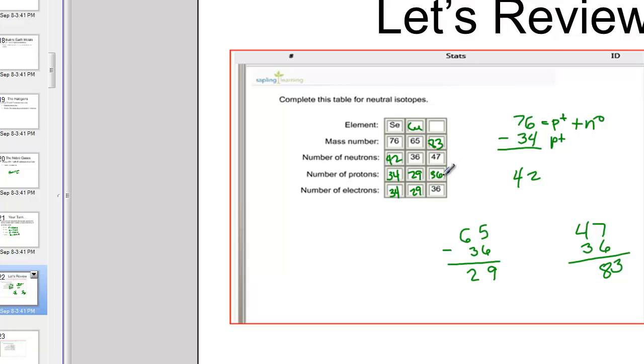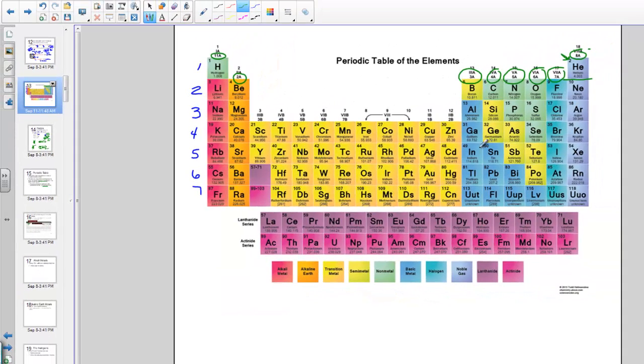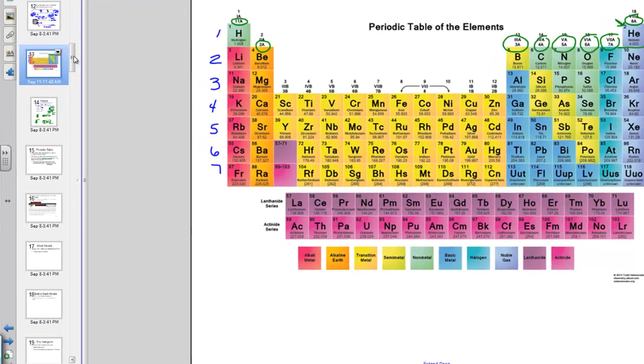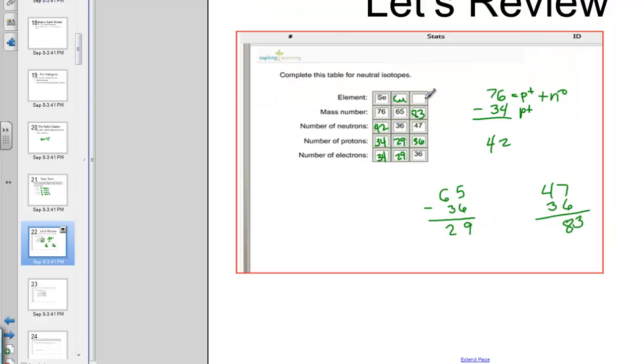And the identity of the element comes from its protons. That's number 36. Who is number 36? Number 36 on our periodic table, right here, is krypton, with the elemental symbol of Kr. And so that would finish that particular Sapling question. We would simply place the symbol for krypton in that box. You're doing well.